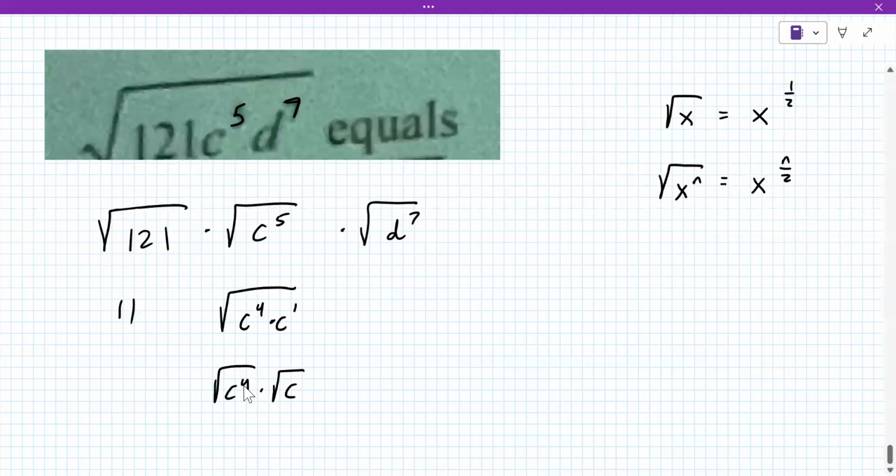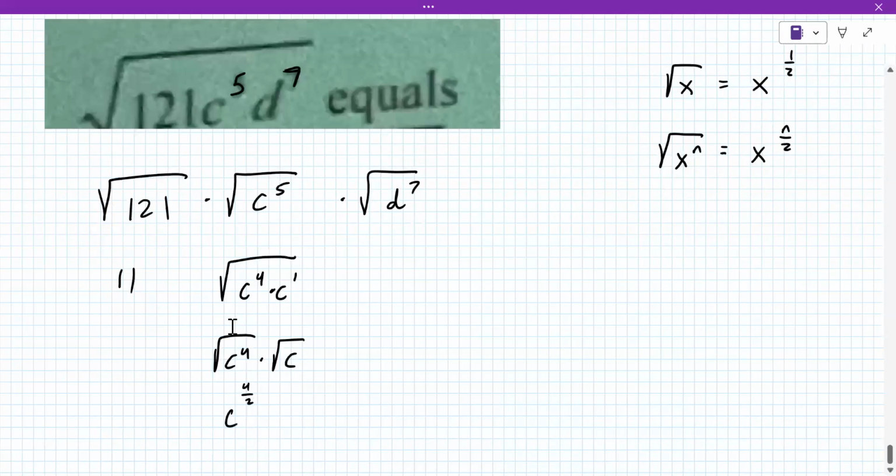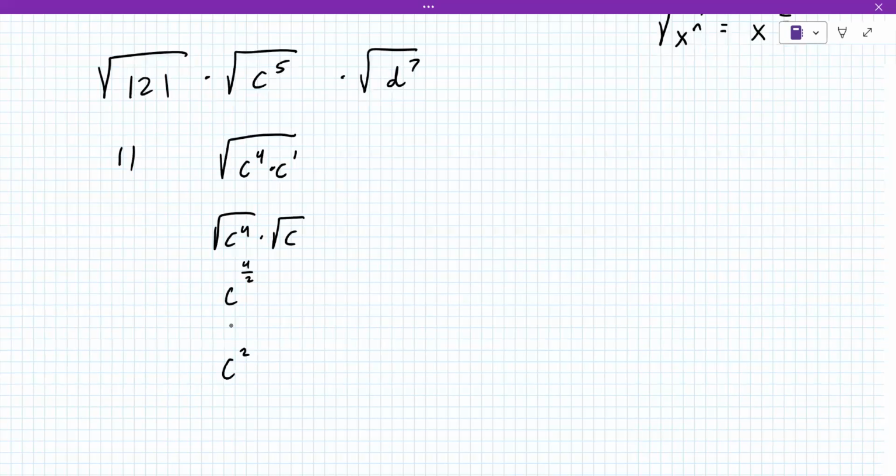So in your problem, it's 4 divided by 2 for the exponent. Think of this as c to the 4 divided by 2, and that becomes c squared. Square root of c. Have you seen that before, or does that look totally new?